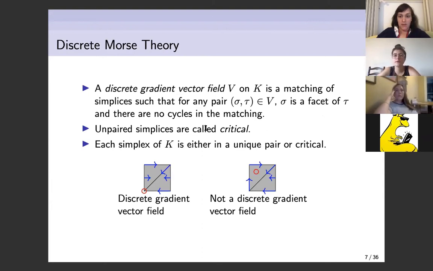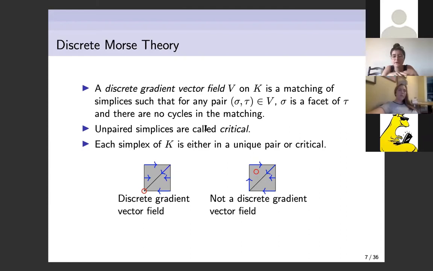The reason why we don't want cycles overall is that the discrete gradient vector field ultimately will allow us to collapse simplices along the gradient vector field to only keep the critical cells. And so this will allow us to have a complex with the same homotopy type as the starting complex.